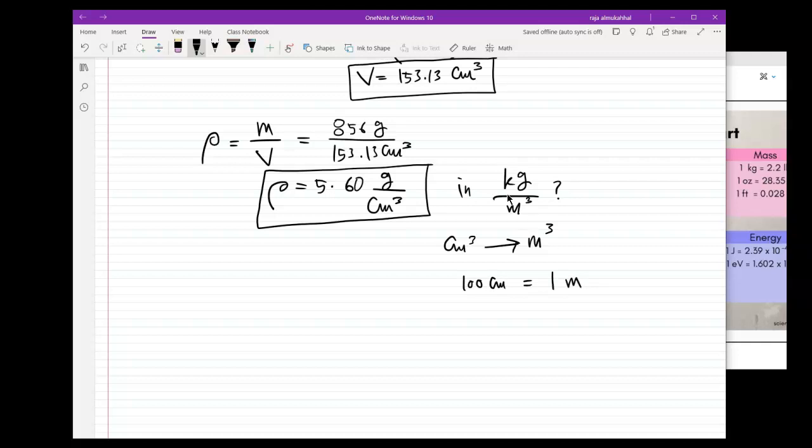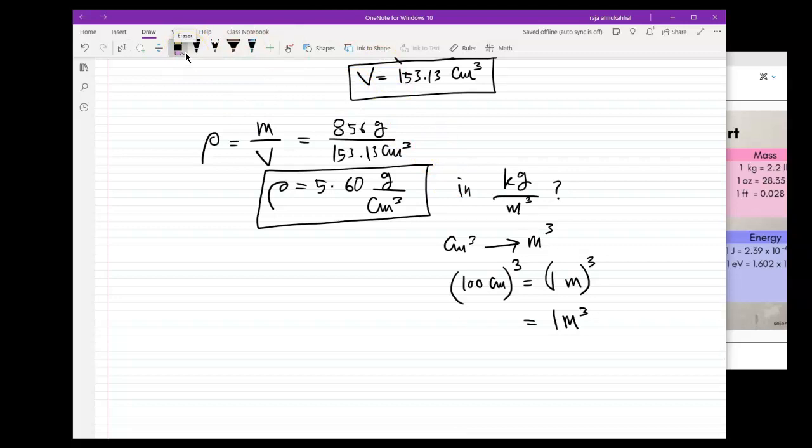All right, so what about centimeter cubed? How do I do that? The easiest way to do it is you basically cube both sides, like this. When you cube both sides, you're going to get 1 meter cubed, and that will give me what? I think I'm making a mistake, hold on.